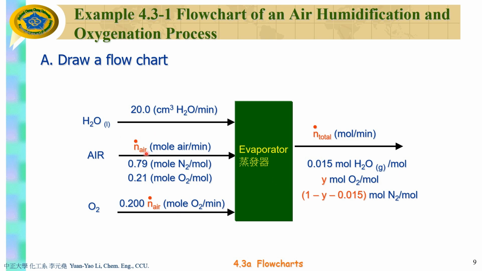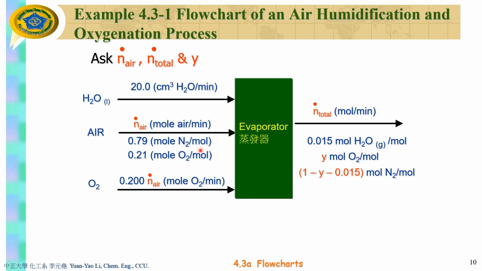You have three unknowns here, right? N sub air dot, N sub total dot, and y here. So three equations, three unknowns. Bingo. You can get the answer of these three. So I don't want to waste your time, so please do this by yourself.